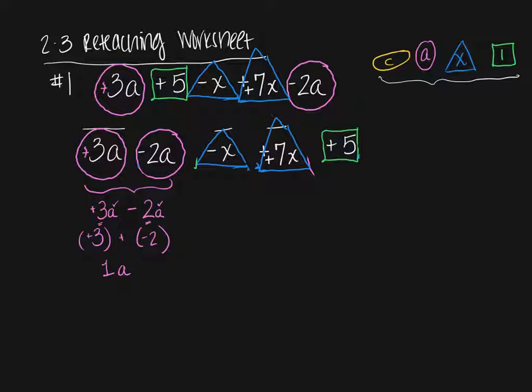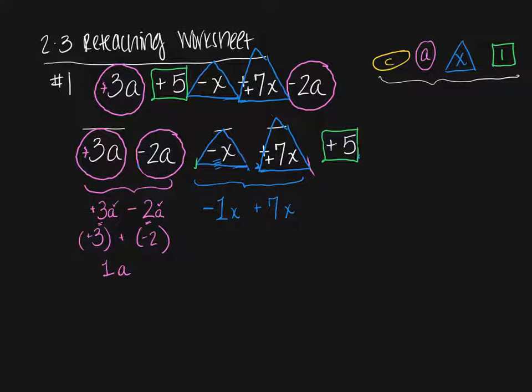All right, now let's look over here at my triangles, and let's do this part. Here I've got a negative X and a positive 7. Okay, remember that a negative X is the same as a negative 1X. And here, this is the same as being multiplied by 1. So I have negative 1 plus 7.